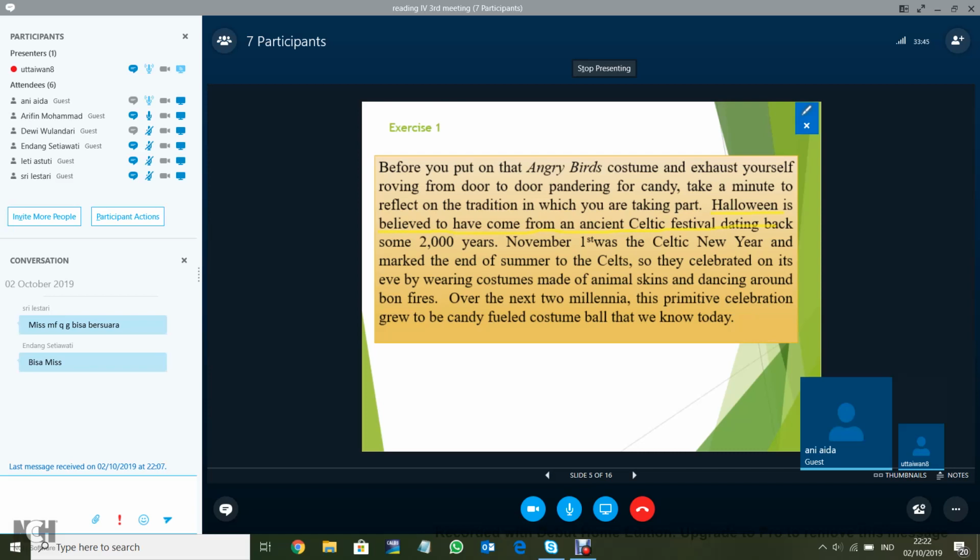Ada yang mau mencoba mengartikan? Mbak Ani mau coba ngertiin? Sure, just try. No, Angry Bird apa ya, Angry Birds? Ah, the cartoon characters. Do you know the cartoon? Yes, tepatnya pakai.